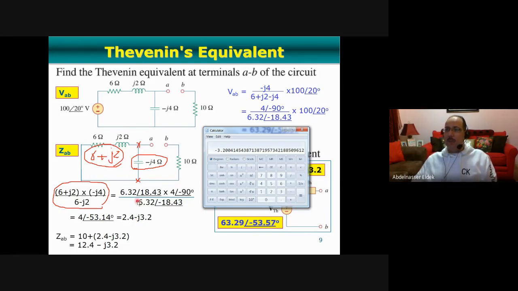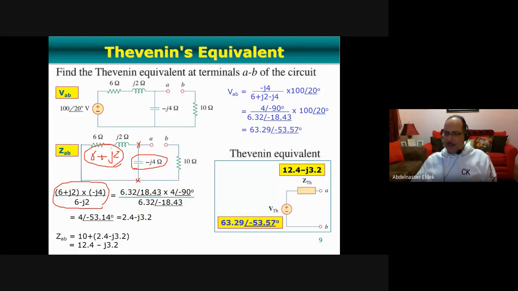Okay, so once you do that, you will have a very simple circuit like this that has only this 10 ohm. This is 10 ohm, and you have another impedance here like this, and this is actually this one here. So we add this one here.